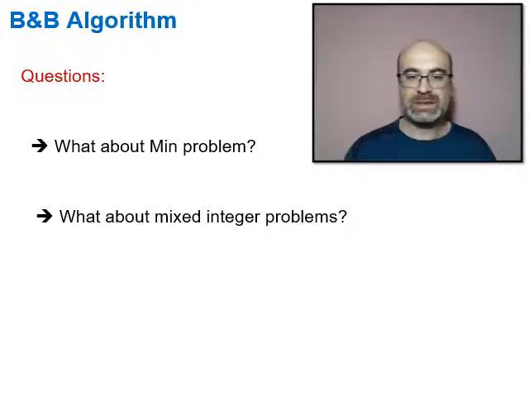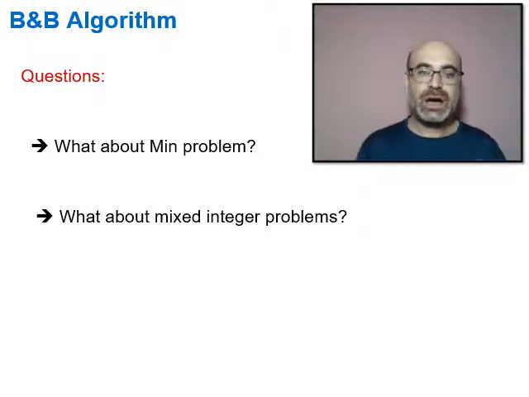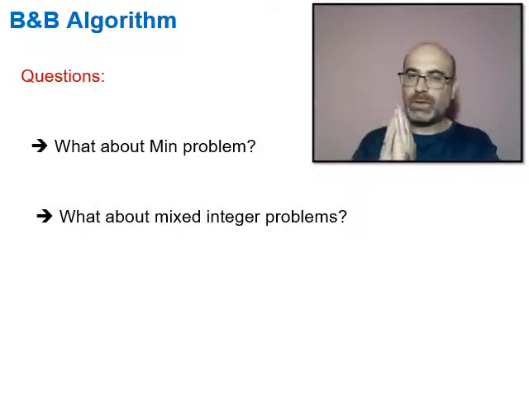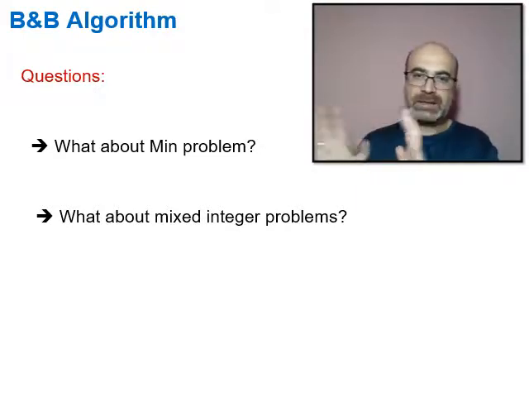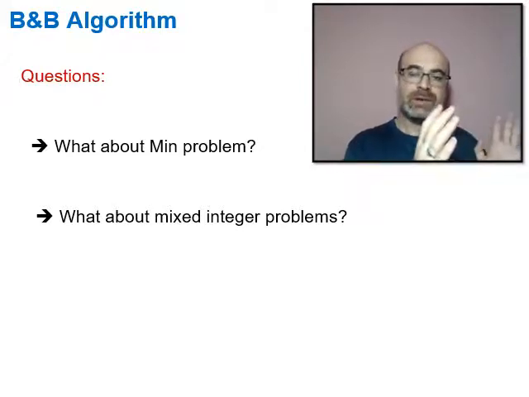Remember, what's a mixed integer problem? There are some decision variables which are integers, but there are some of them which are continuous. Then how can we use the branch and bound tree for such a problem? The main idea is the same, but the continuous variables are continuous in the LP. We just deal with the integer variables.